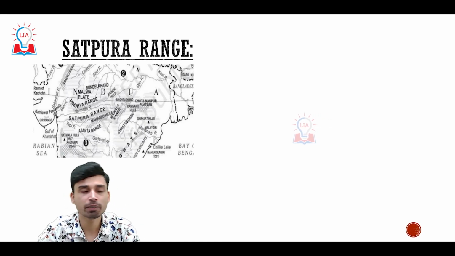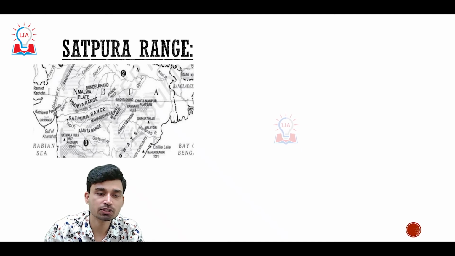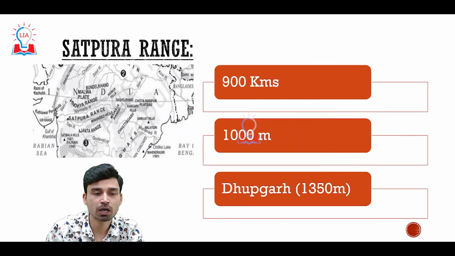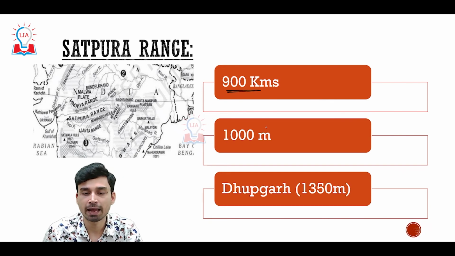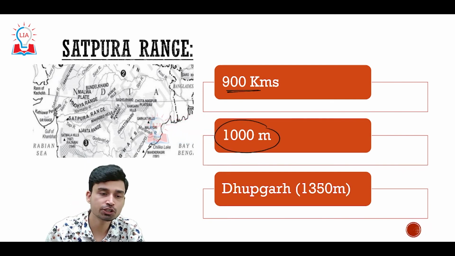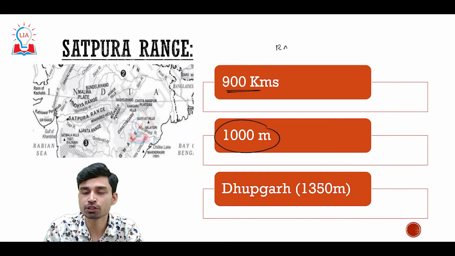The next important mountain range is Satpura. This is also made up of several mountain ranges coming from Gujarat in the west all the way up to Madhya Pradesh in the east for a distance of 900 kilometers and at an average elevation of 1000 meters. The Satpura range is made up of a few important ranges. It is called Rajpipla range in the state of Gujarat.